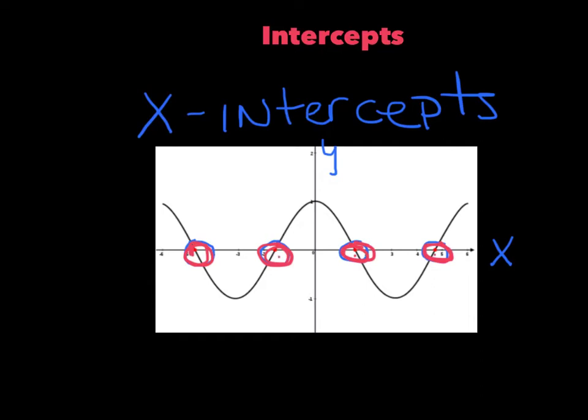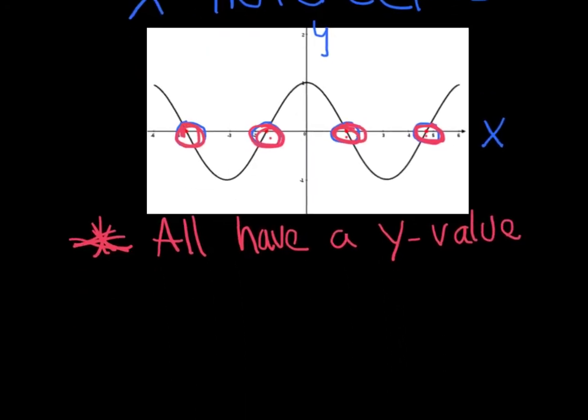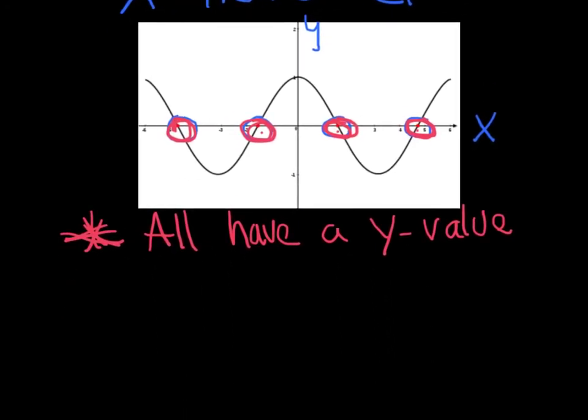Clearly, the x values are different. But what's special, and this is the whole key, is that they all have a y value of, hopefully you've guessed it by now, 0. And that's what makes x-intercepts special. Every x-intercept has a y value of 0.